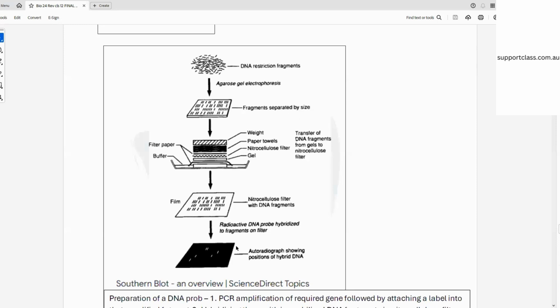This is our gel, and we take all the bands as they are and transfer all the bands onto a white nylon cloth, very shiny white. We call it nitrocellulose paper.